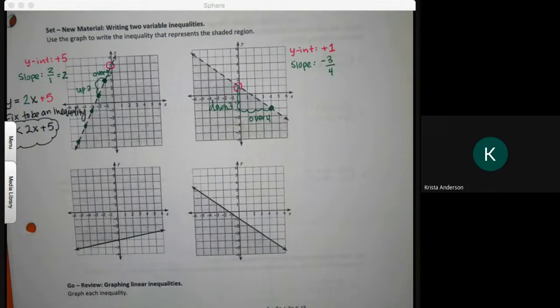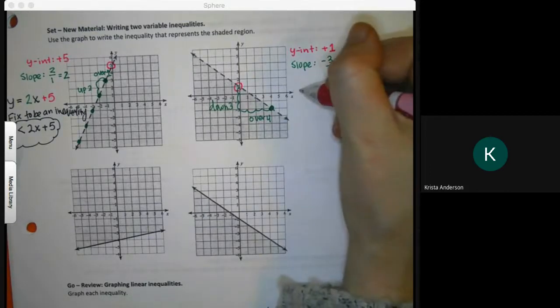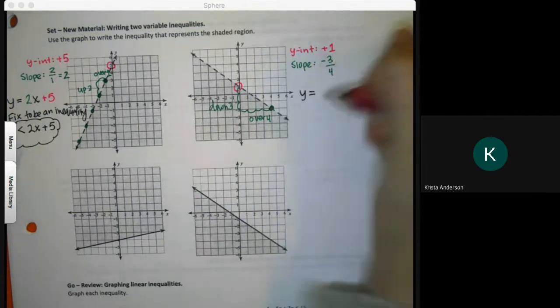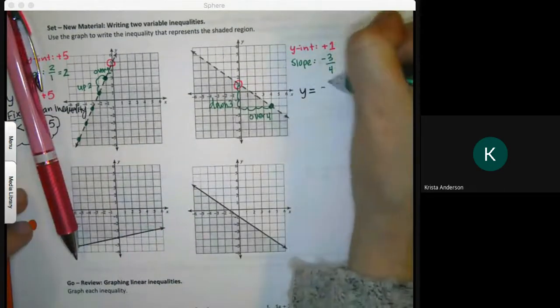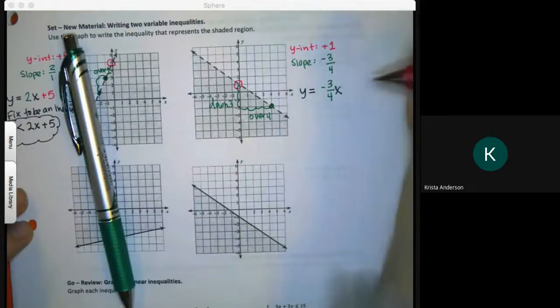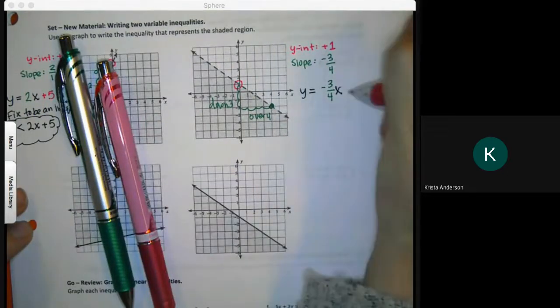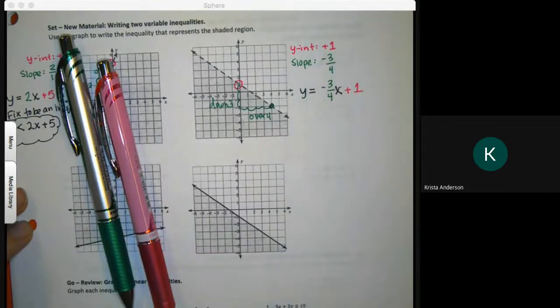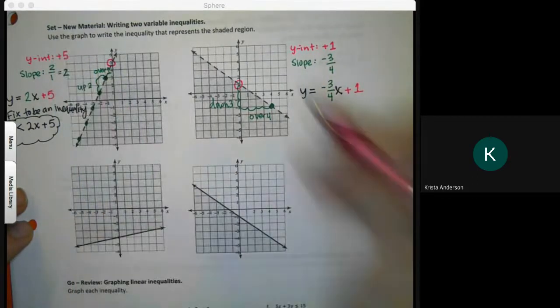My equation, if it were just an equation, would be negative 3 over 4x plus 1. But I need to fix it to be the inequality.